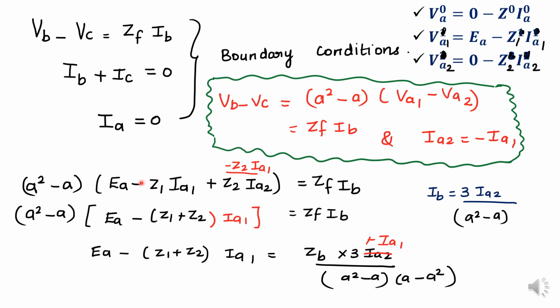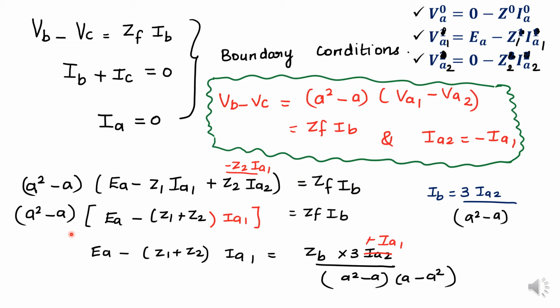Okay, I have to put the values: EA minus Z1 into IA1 minus, with VA2 being minus Z2 into IA2. So EA minus Z1 into IA1, that is VA1, minus VA2, that is minus Z2 into IA2. Instead of IA2, what do I substitute? Minus IA1. So minus Z2 into IA1 equals ZF into IB.